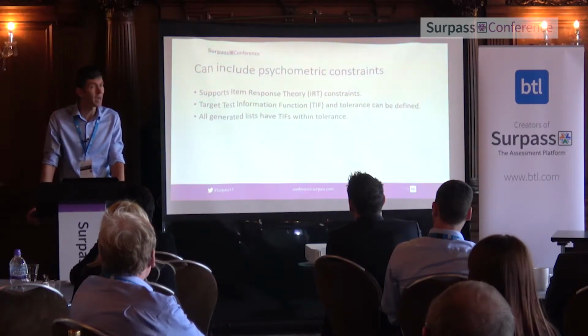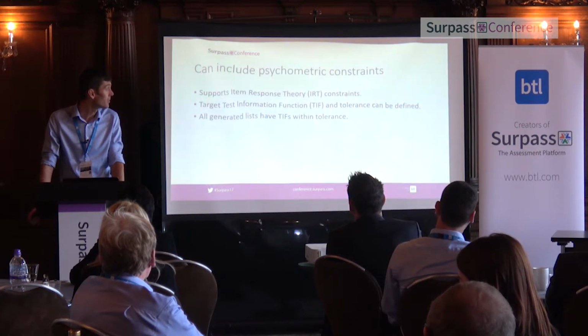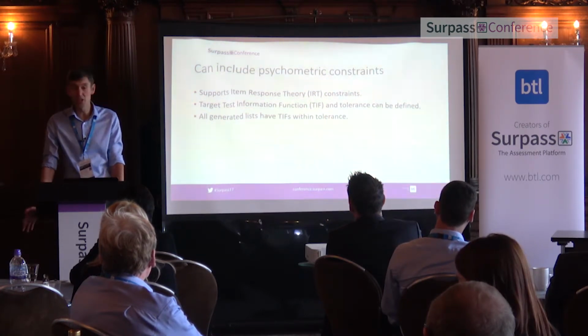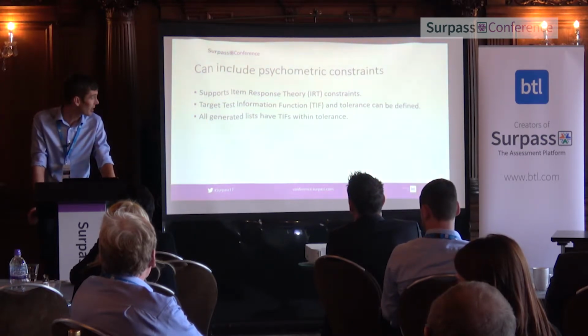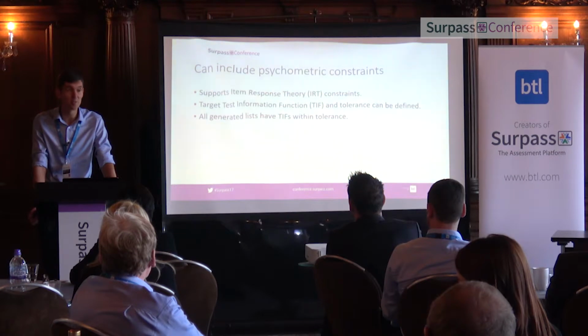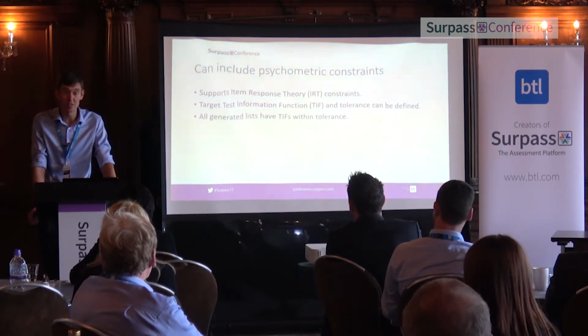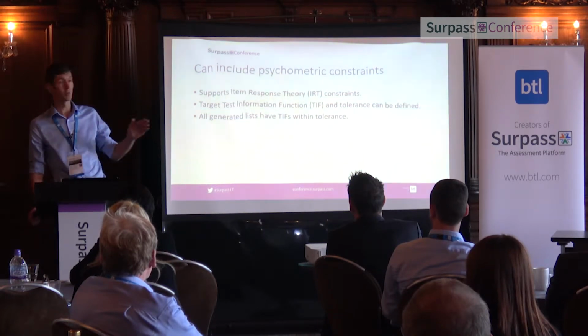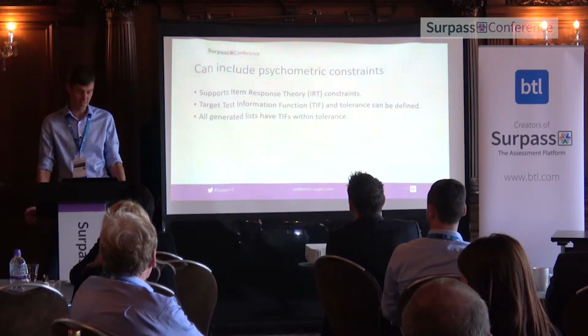So it tells you how hard the exam is. The psychometricians, people like Leanne and her team, would define the test information function, the TIF, and then you can also define the tolerance on that. So we say, this is what we're aiming for, but we're willing to compromise above or below that by a certain amount.